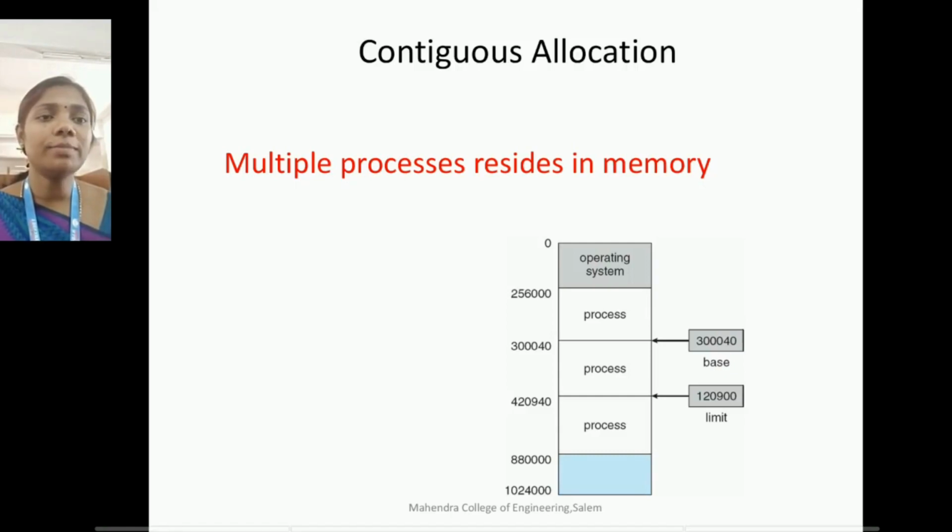When multiple processes are residing in memory, there is the question of how we are going to access and store the data. We can store and access data through contiguous and non-contiguous memory allocation techniques, or fixed or variable partition techniques. All these techniques help to access the memory available in the memory unit.